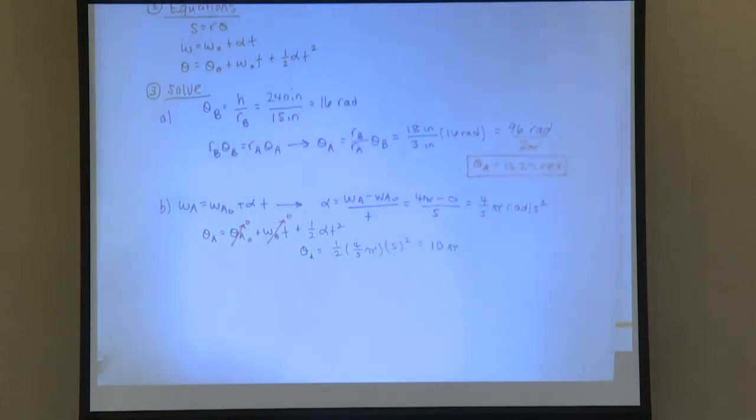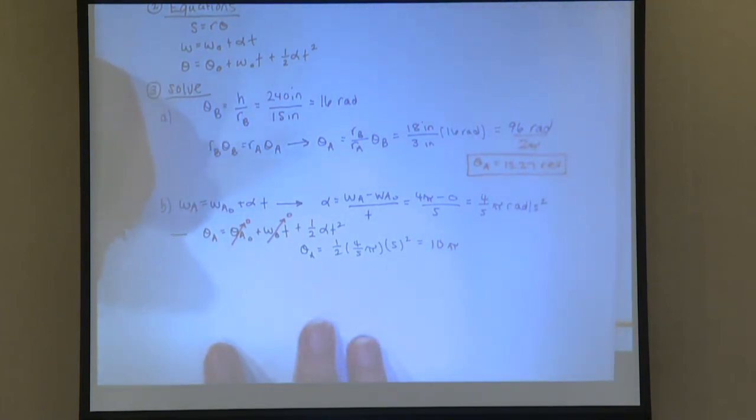So we know that A travels a total distance of 96 radians, right? But we just found out that for situation 1, it goes 10 pi radians. So we need to figure out how it moves in situation 2. So what we can do now is use the same equation. I'm going to label this as situation 1.